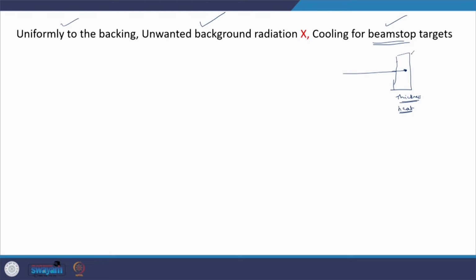So, the backing material for this kind of beam stop target should be cooled so that it can extract the heat generated within the beam stop target materials. Okay. This is the beam stop target material and this is the backing.